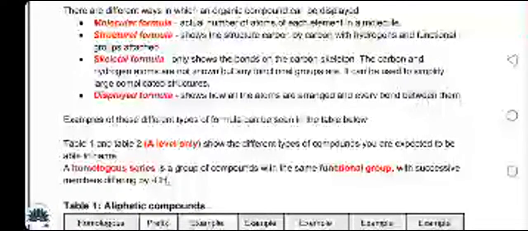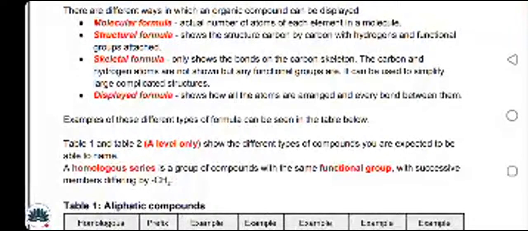There are different ways in which an organic compound can be displayed: molecular formula, structural formula, skeletal formula, and displayed formula. The molecular formula is the actual number of atoms of each element in a molecule. The structural formula shows the structure carbon by carbon, with hydrogens and functional groups attached.